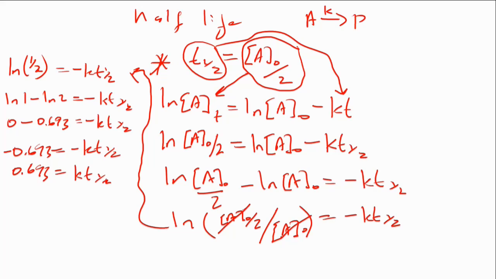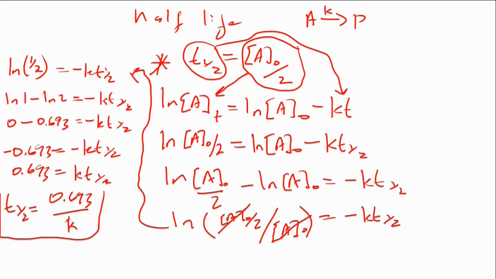You could rearrange this a bit to make the half-life the subject, which was our initial idea of getting an expression for half-life. So t half is 0.693 divided by k. And this is the expression for calculating half-life for a first order process. Look at the expression.